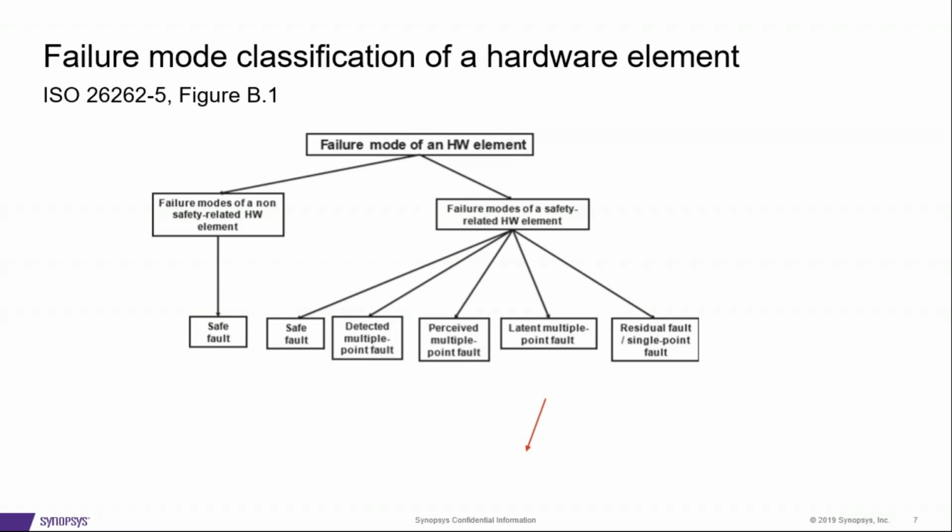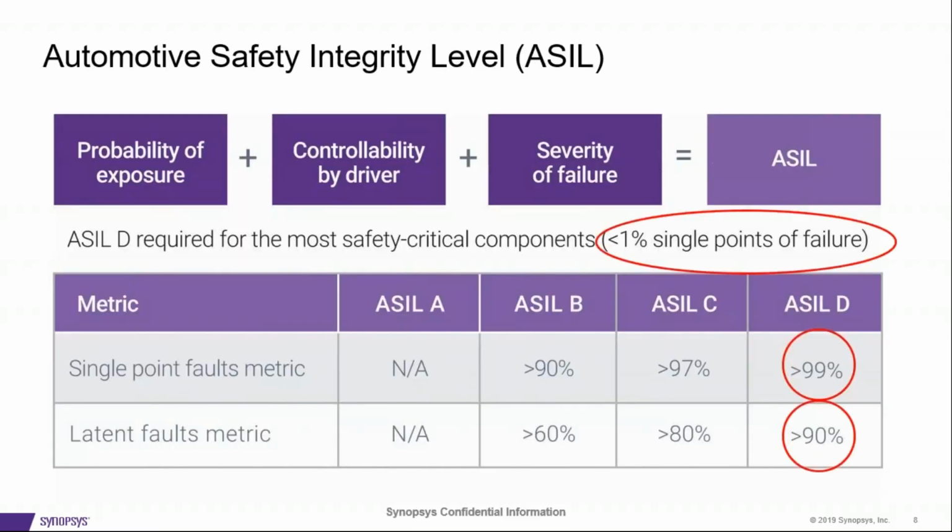If you look at single point fault metrics for ASIL D, the most stringent, they want you to demonstrate that you reach a minimum of 99%, which is obviously a very challenging figure to reach, and gives you an idea of the effort it requires to go from simple functional digital verification to functional safety verification. In other words, it's saying that you want to have less than 1% of single points of failure undetected in the device.